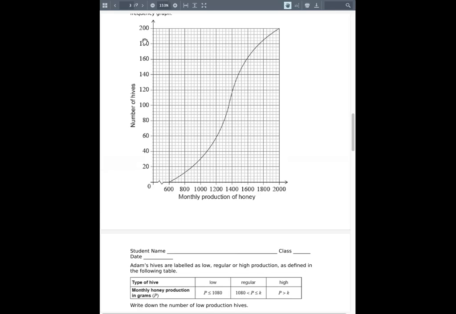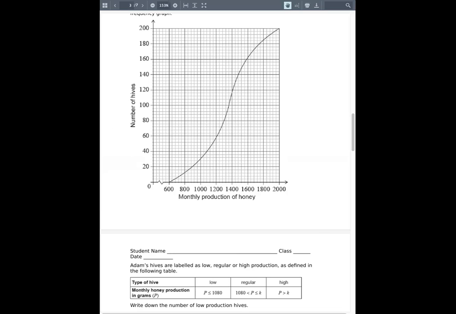You would get 32. You would want to do the same thing, go up 32, and then find... oh no, actually, I'm overcomplicating it. Since it's asking us just to find the number of hives that have a high production, you would stop after you subtract 168 from 200, which would be 32 hives. Sorry for that.